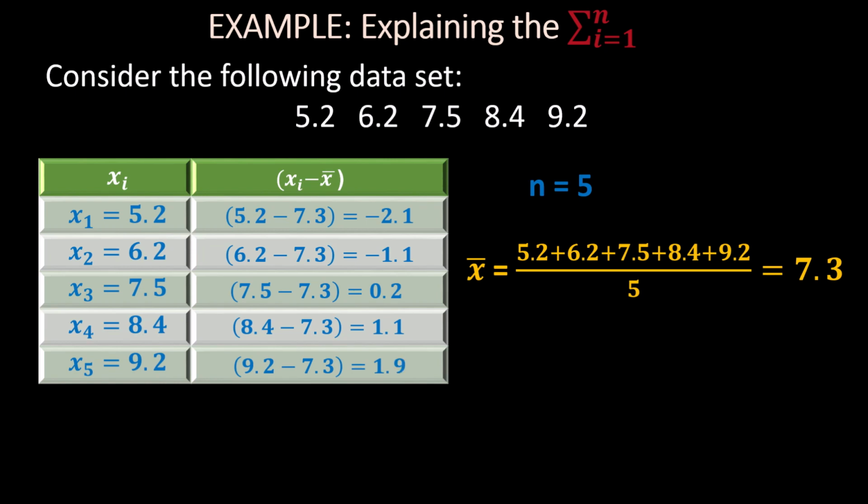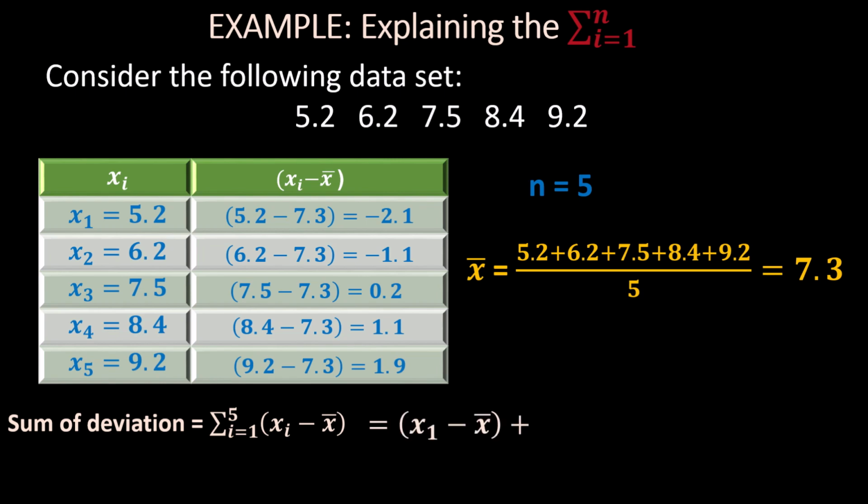Now, let me show you the sum of the deviation. As I explained before, the sum of the deviation is the summation, i goes from 1 to 5, of xi minus x bar. Those are actually the values of the second column, right? You can expand this like this.